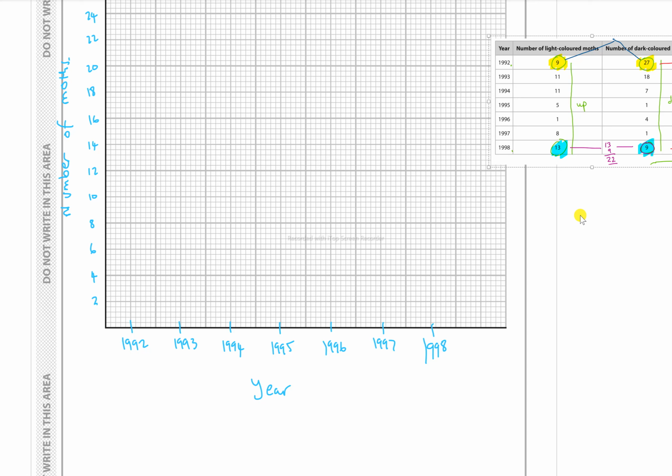Right, we'll do light colored moths. So we'll do it in red. Light moths. So that's the key there. It goes to 9. It goes to 11, and then you go 5.